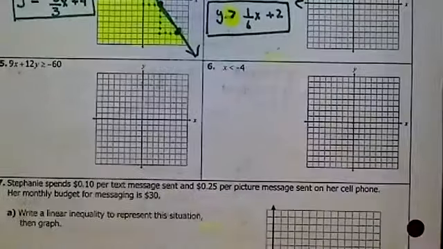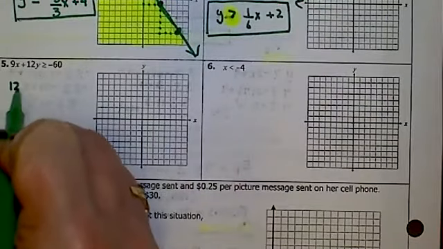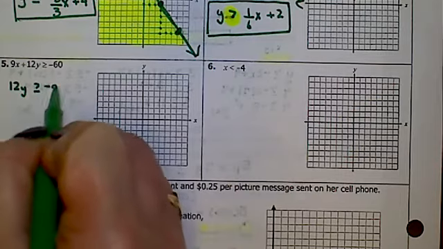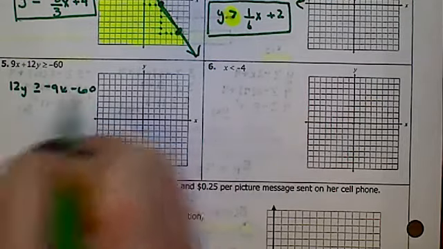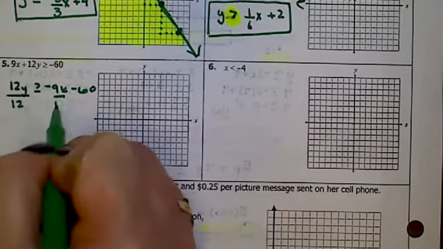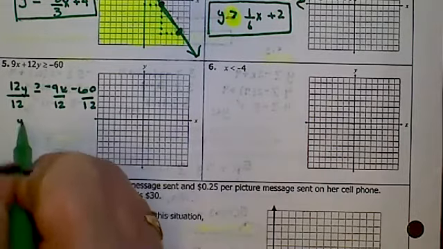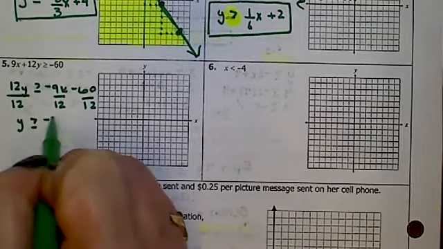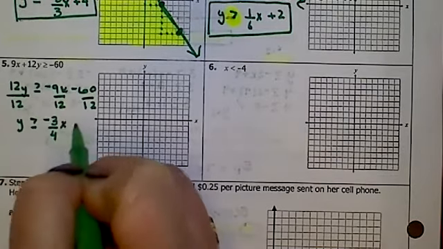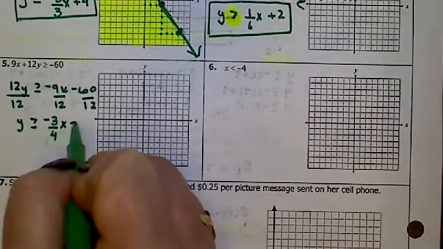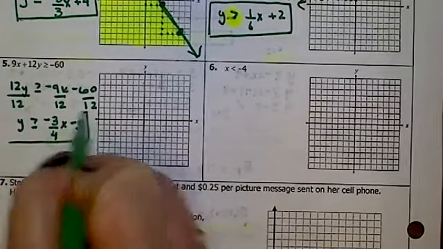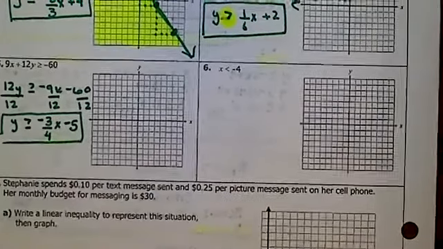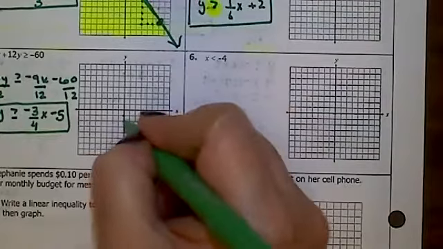Okay, number 5. So we're going to bring over the x. It makes it a negative. Divide by 12. We do not flip it because that's a positive 12. That reduces to negative 3/4 x minus 5. So we're going to start at negative 5.